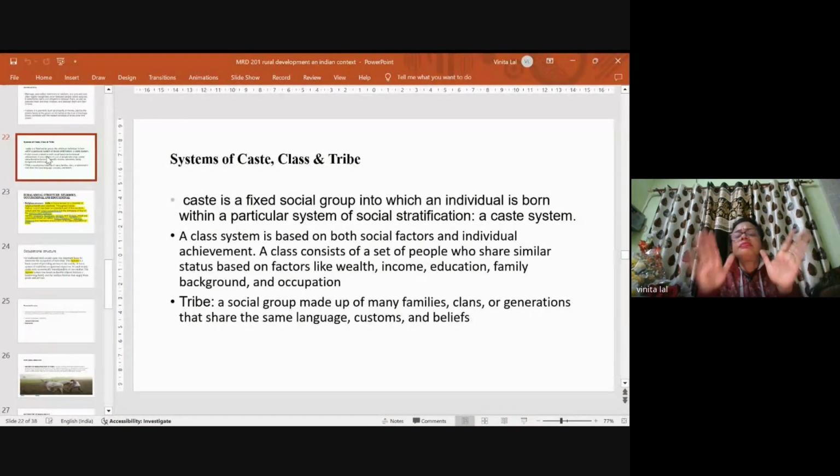The term class first came into wide use in the 19th century, replacing the terms rank and order as a description of major hierarchical groupings in society.